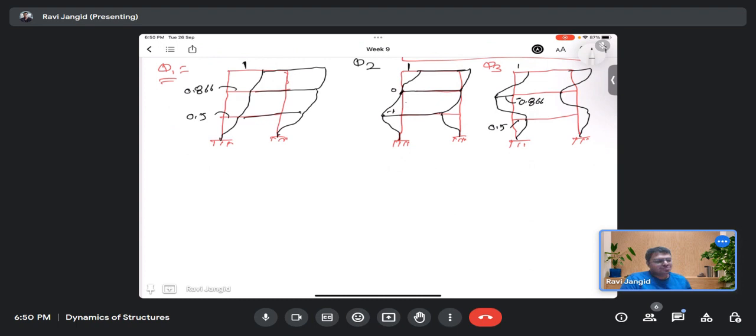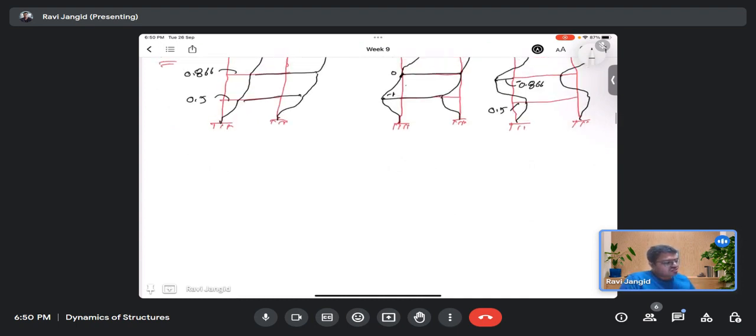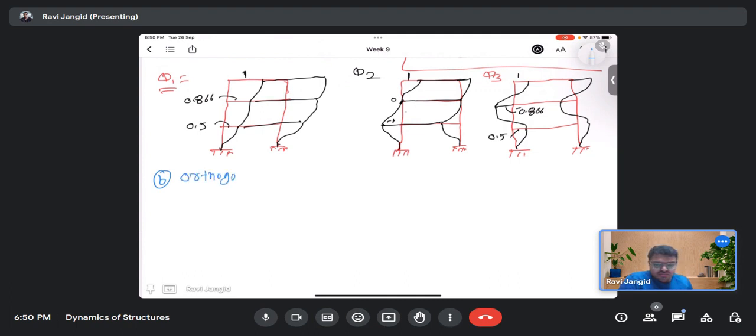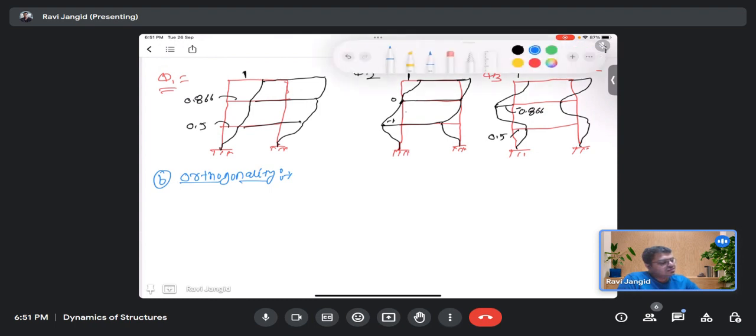Now we have part B, in which we need to check the orthogonality. So how do we define the orthogonality for both the mass matrix as well as the stiffness?